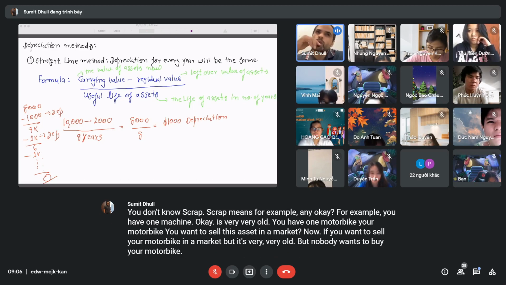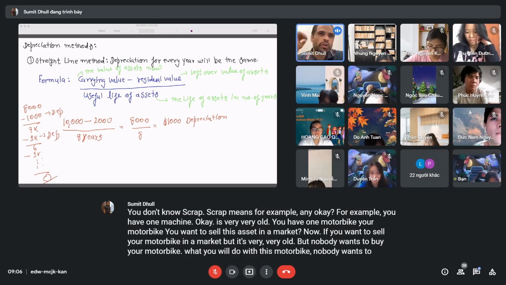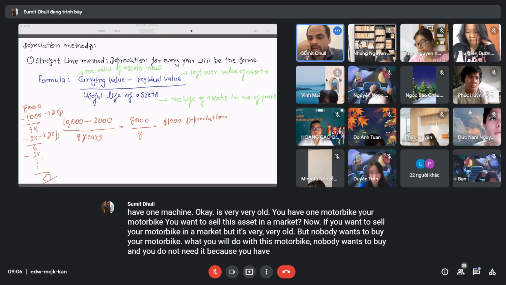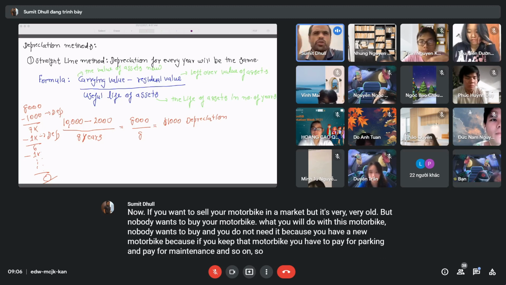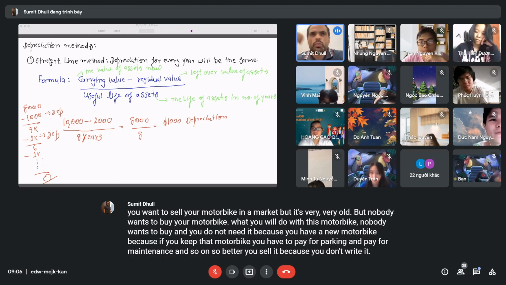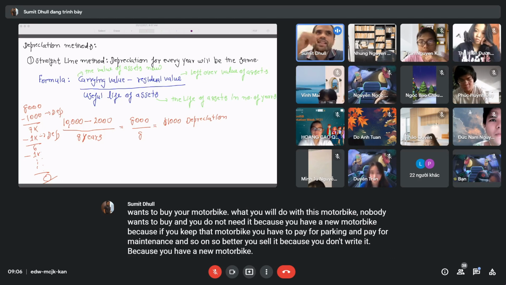What will you do with it? Nobody wants to buy it, and you do not need it because you have a new motorbike. If you keep that motorbike, you have to pay for parking and maintenance and so on. So better you sell it, because you don't ride it. But you can't sell because nobody wants to buy.